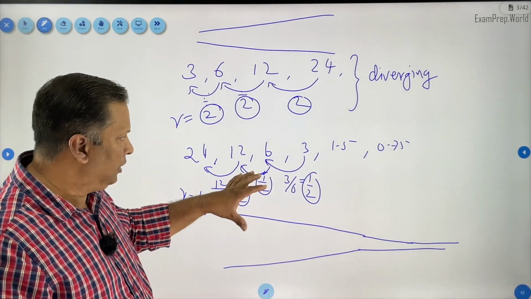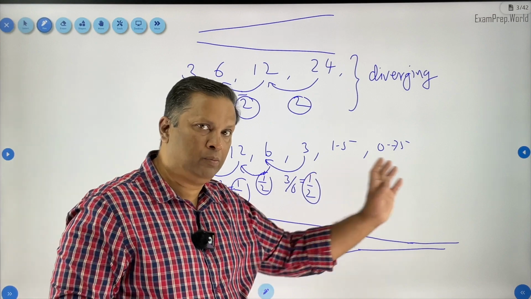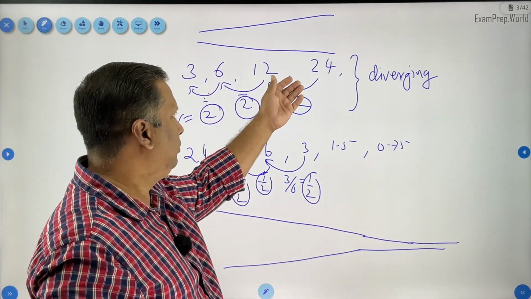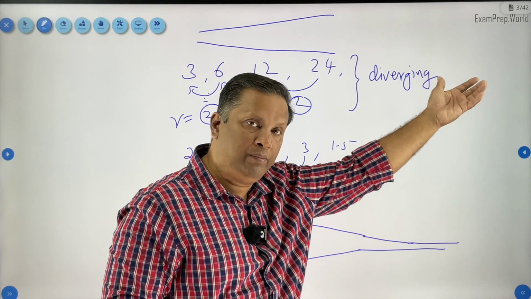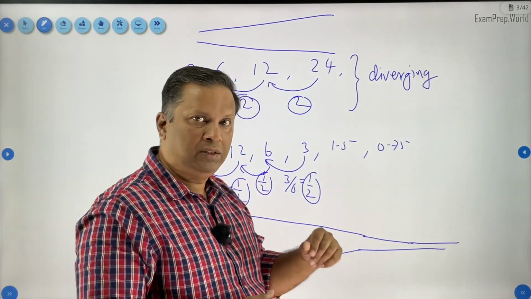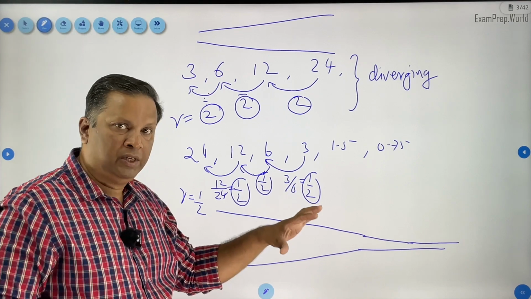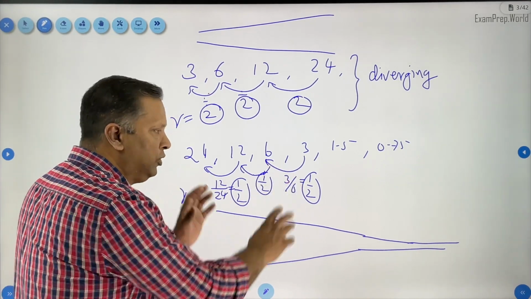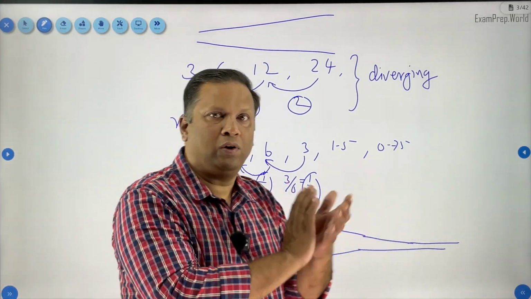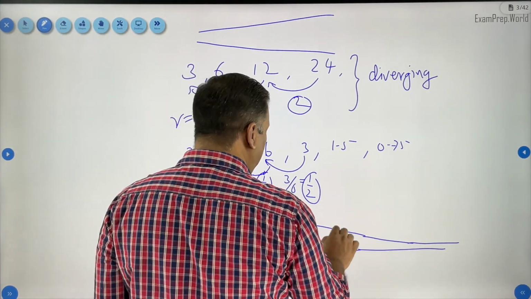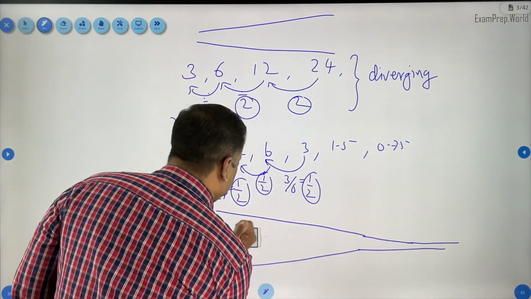I will come to this particular kind of series when we are doing the sum of n terms. The sum of infinite terms for a diverging series is infinity, because the terms themselves are very big. Whereas for a converging series, it is possible to find the sum of all the terms, because the last few terms will not even be totaling to 1.